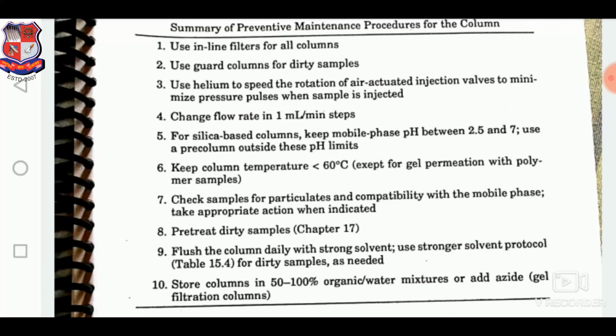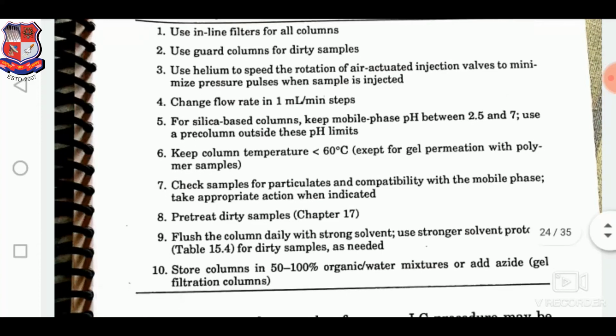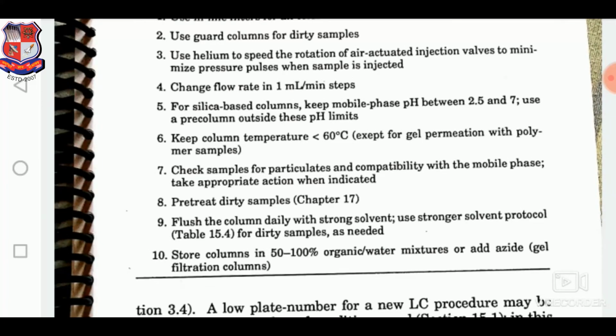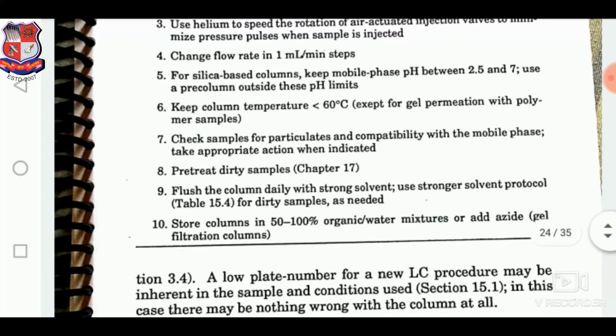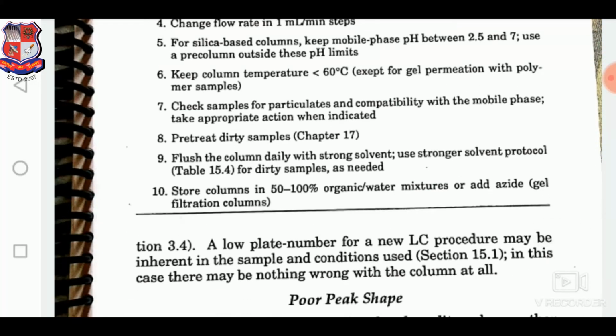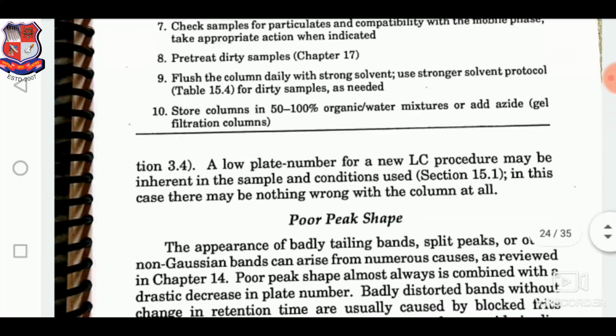Use a pre column outside these pH limits. Column temperature less than 60 degrees centigrade except for gel permeation with some samples. Check samples for particulates and compatibility with the mobile phase. Take appropriate actions when indicated. Pre-treat dirty samples. Flush the column daily with a strong solvent. Use a stronger solvent protocol for dirty samples as needed. Store columns in 50 to 100% organic water mixtures, or add acid for gel filtration columns.